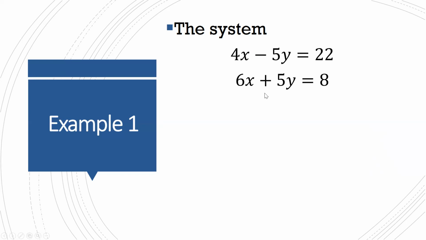Now it turns out the second step is already done for us as well. You'll see that the y terms have opposite coefficients. One is a -5 and the other is a +5.